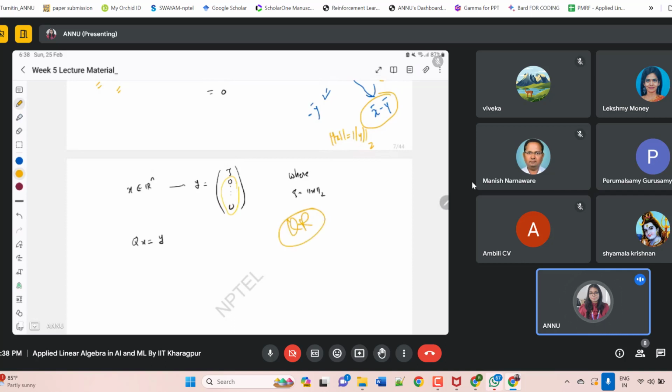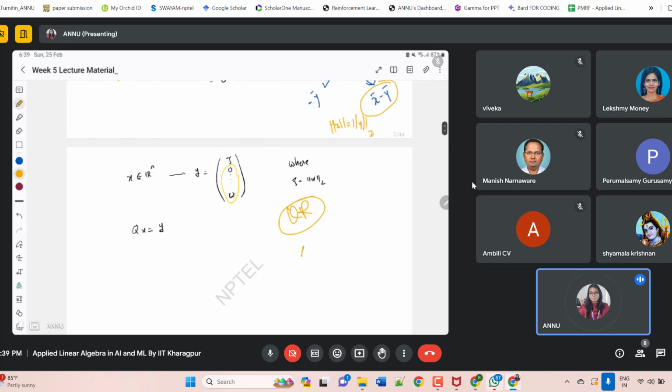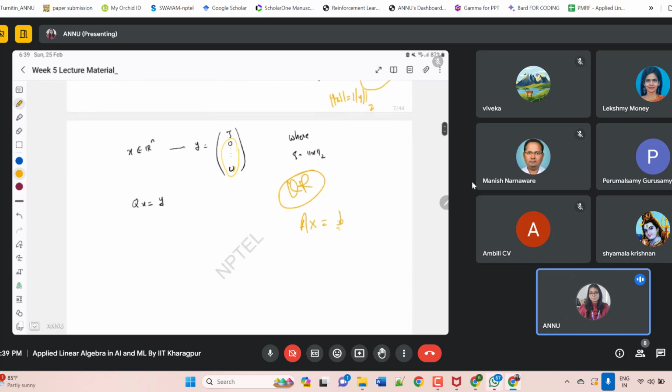We were trying to make this particular thing a 0. Why 0? Because we had Ax equals b, suppose. Then whatever matrix A is there, suppose it is A, B, C, D, E, F, G, H, we first make this particular entry 0.